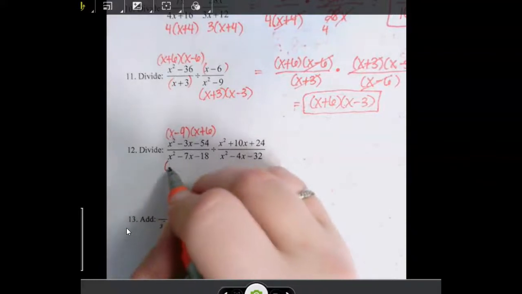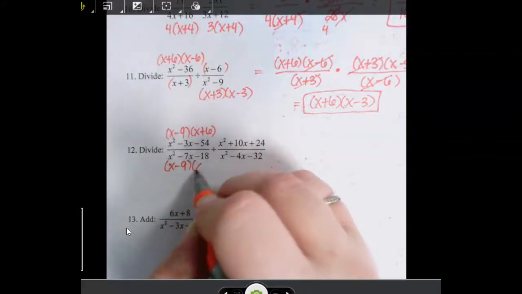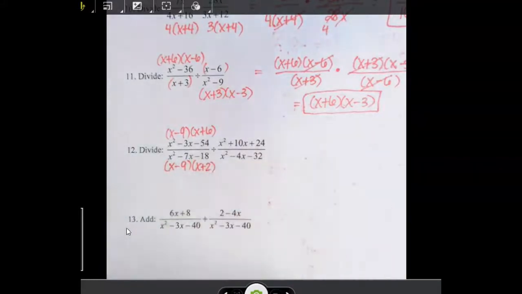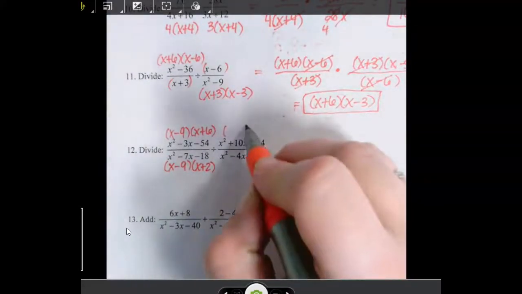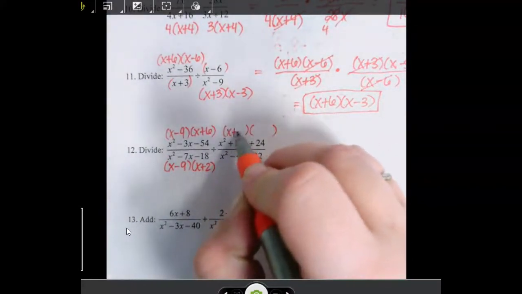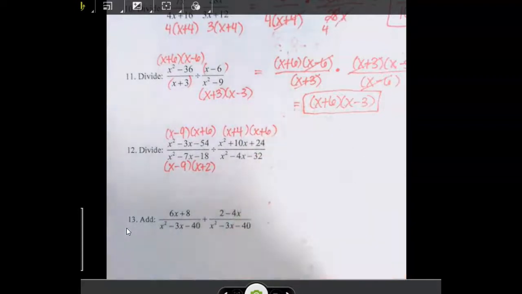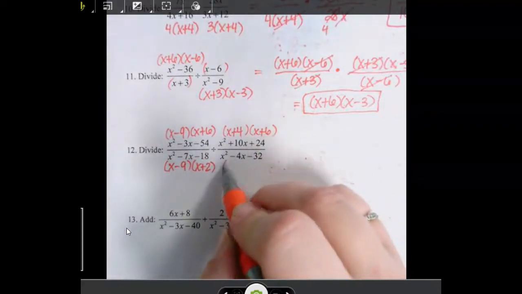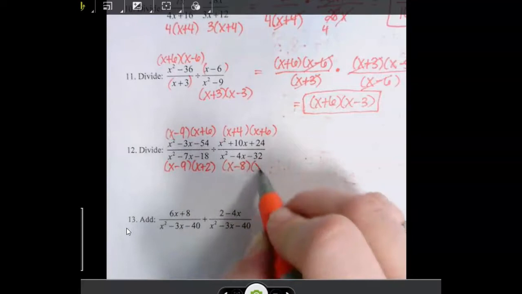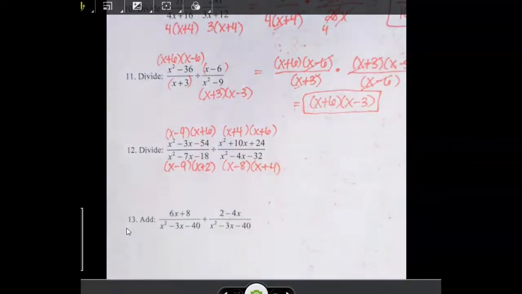Okay, factors of negative 18 would be negative 9, positive 2 to add to negative 7. Factors of 24 that add to 10 would be 4 and 6. And factors of negative 32 that add to negative 4 would be negative 8 and 4.